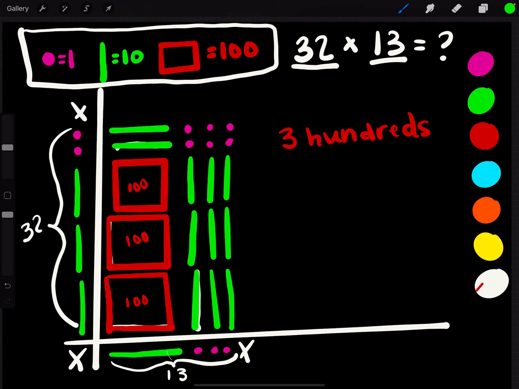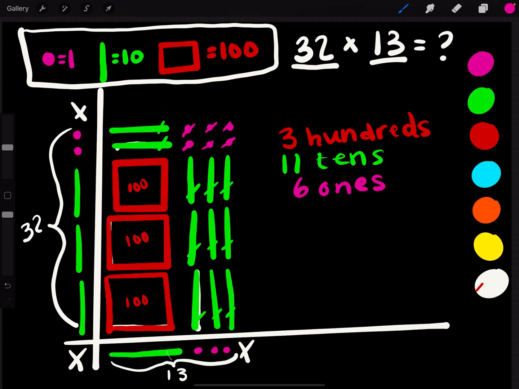So what I do is on the tens rods, I'm going to do 1, 2, 3, 4, 5, 6, 7, 8, 9, 10, 11. We have 11 tens. Now we have 1, 2, 3, 4, 5, 6 ones.